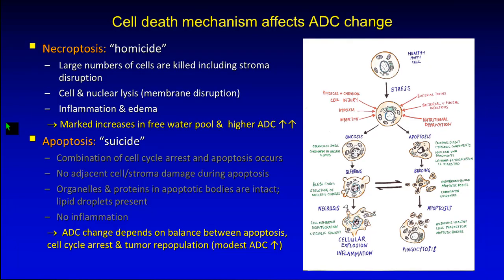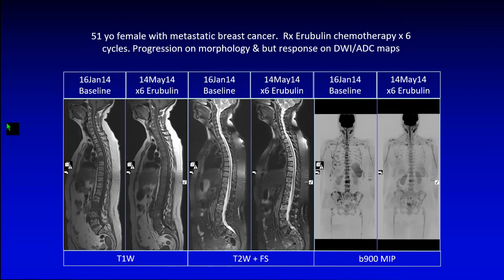You can use a shotgun approach, which is like a homicide. So think of that as having a shotgun and going boom and killing loads of cells, and that's typically chemotherapy. What you have to remember is that that is associated with an inflammatory response. When you get an inflammatory response, you get a very large increase in ADC values.